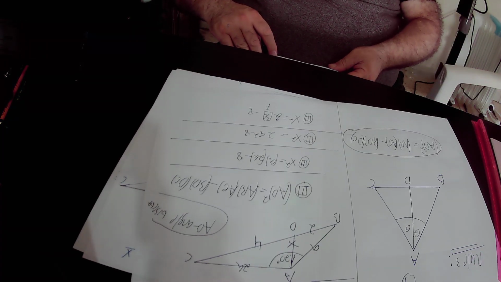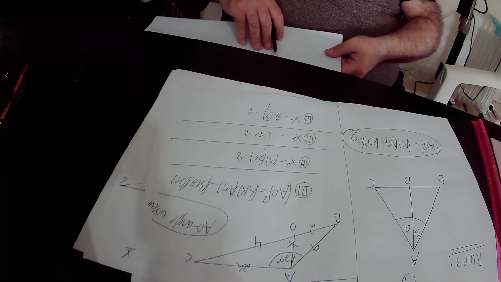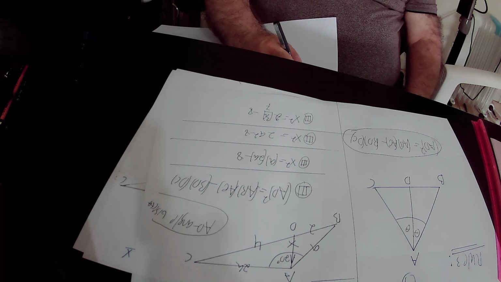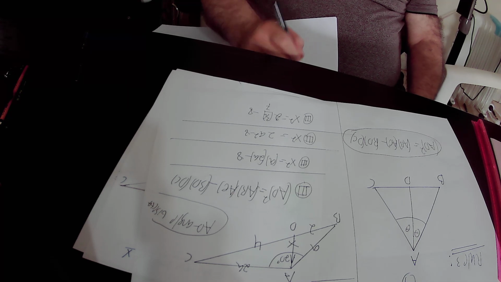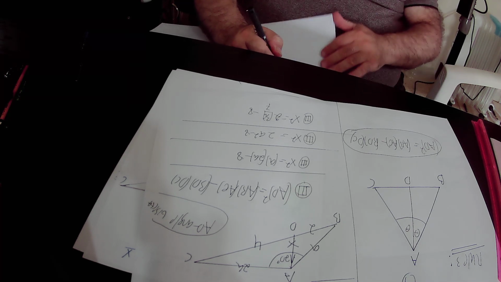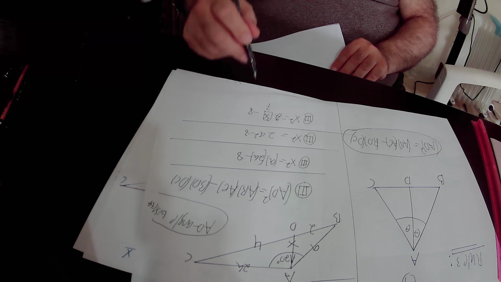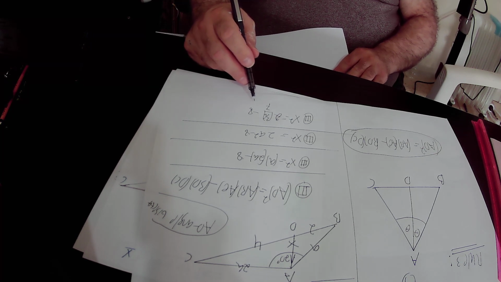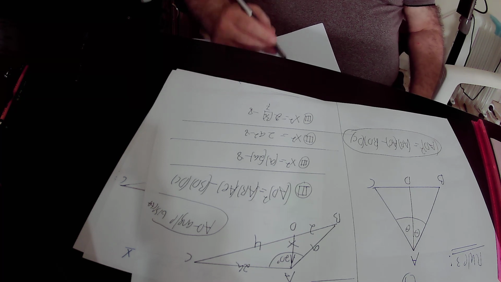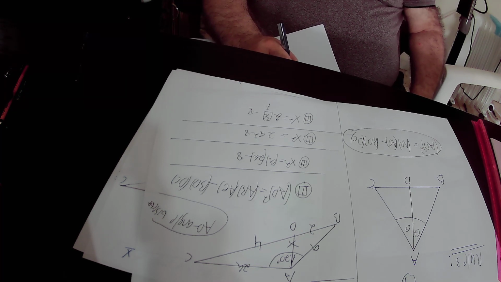Going into equation number 3, x squared equals 2 times 36, which is 72, over 7. Here we multiply minus 8 by 7 and then divide it by 7 in order to have a common factor with this expression. Minus 8 times 7 is minus 56.